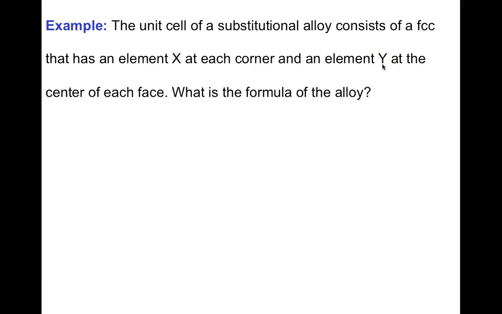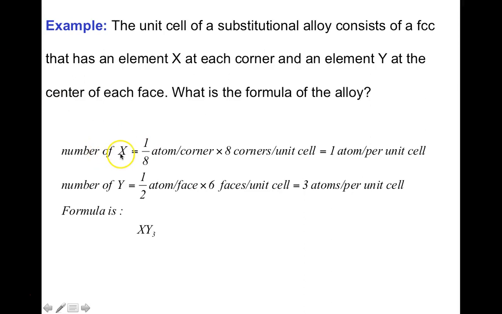So for X, we get 1/8 of an atom for every corner, and there are 8 corners, so that gives me 1 X. For Y, we get half an atom for each face, and there are 6 faces, so that gives me 3 atoms of Y. So 1 X, 3 Y, the formula is XY3.